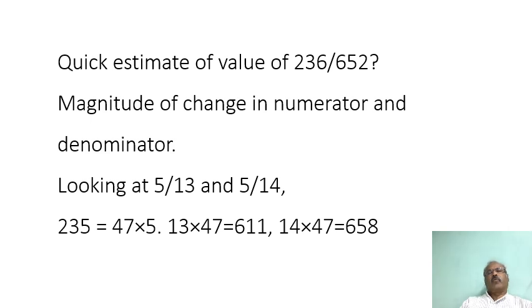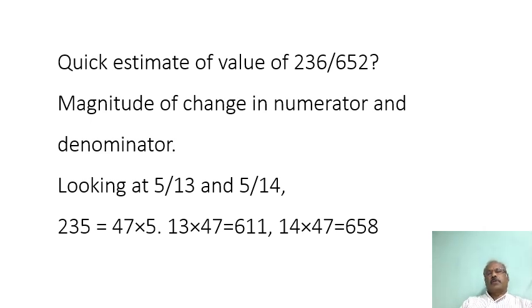So the first option of the question, 1/3, is out of question because it's way off the value. The magnitude of change in numerator and denominator plays a crucial role in arriving at various estimates related to fractions.